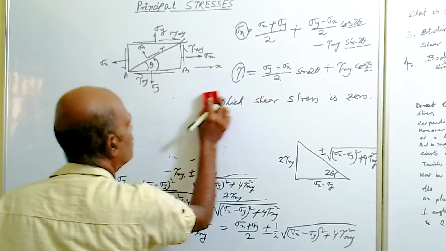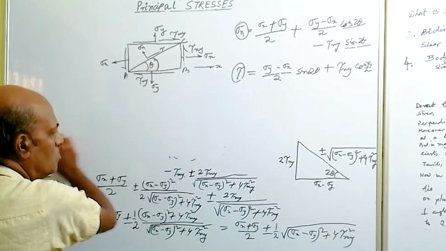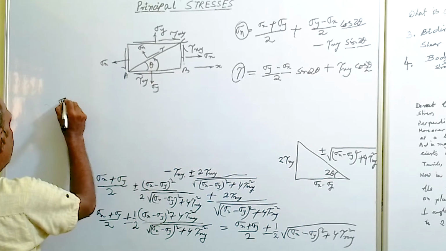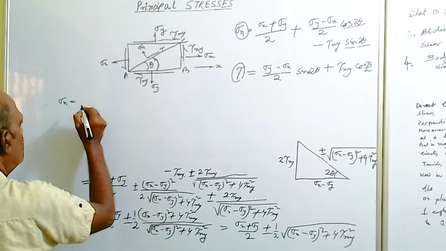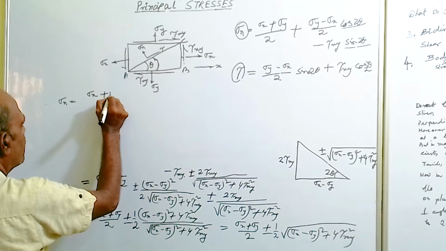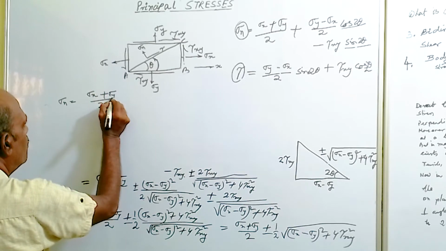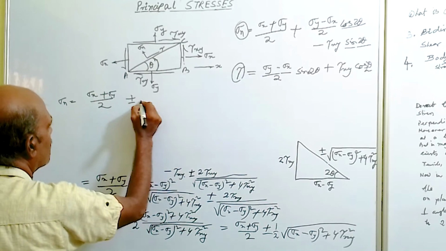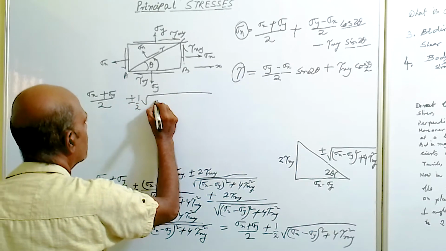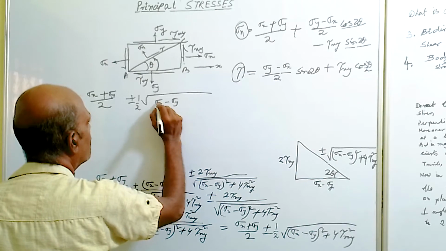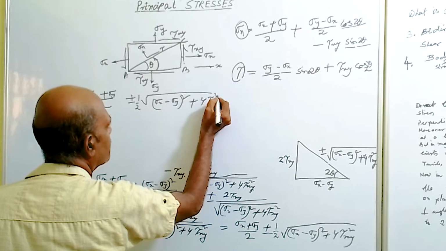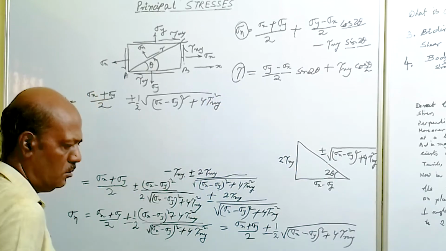So sigma n is equal to sigma x plus sigma y by 2 plus minus half square root of sigma x minus sigma y whole square plus 4 tau square xy. So we have got these two values.